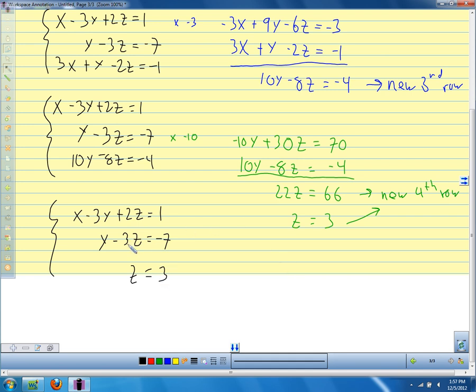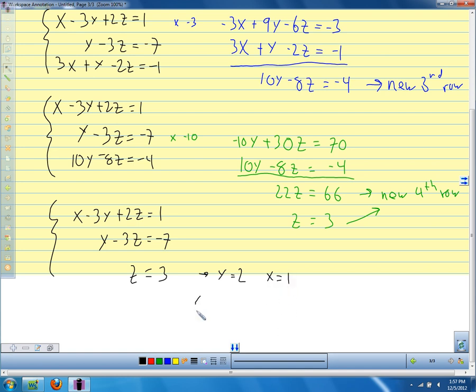Now I can substitute z into the second equation, and I figure out that y equals 2. And I can substitute y and z into the first equation and find that x equals 1.